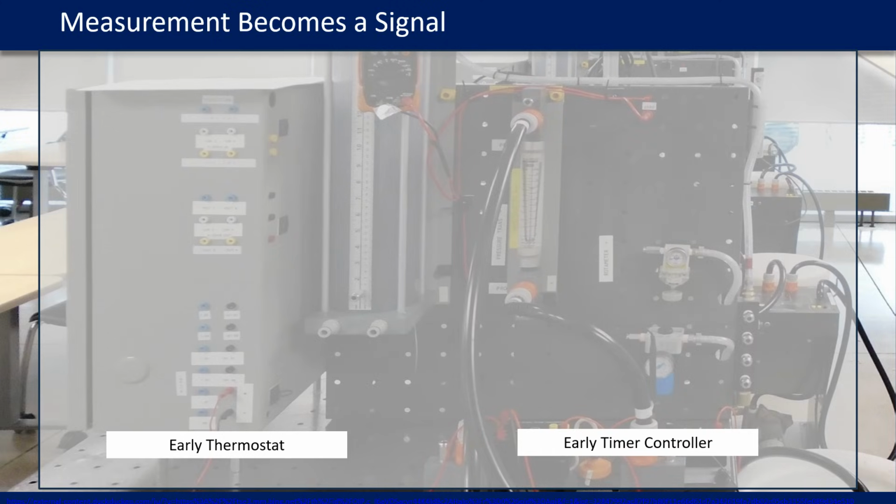A bimetallic sensing element moved as the room temperature changed. That movement opened or closed an electrical circuit and signaled the building custodian. The instrument sensed the temperature. The electrical contact communicated the condition. But the custodian still had to adjust the furnace damper manually. The gauge had become a switch, and the measurement had become an electrical signal.